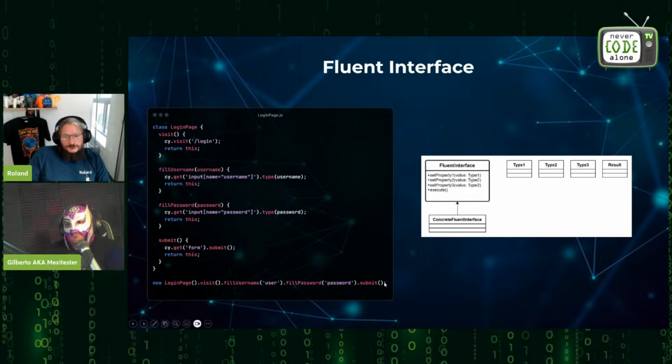If I don't need, for example, to fill the password in order to create an invalid test case and see the failure that is happening, I don't type the method fill password, but I can type visit, fill username, and then submit, because this is the flow that my test really needs in that moment.